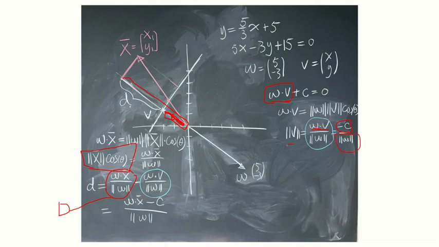So this is the length of this vector. So the distance is a big D minus this length of the V, okay? Then you replace WV with minus C at the end. You get the distance from this point to this line using this formula.